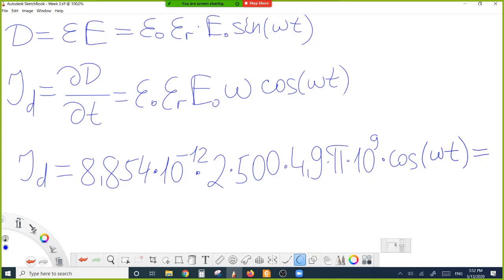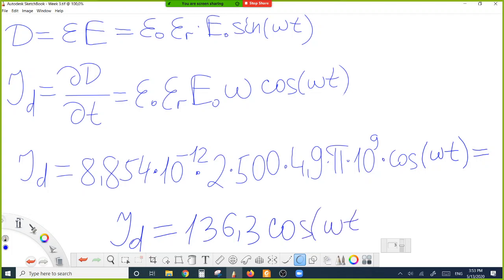JD equals 136.3 cosine omega t ampere per meter squared.